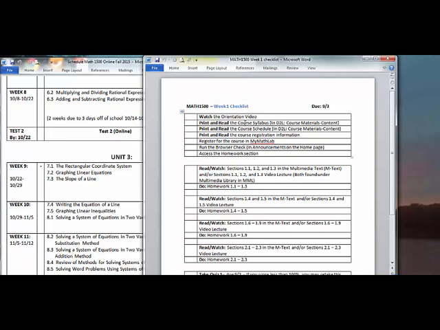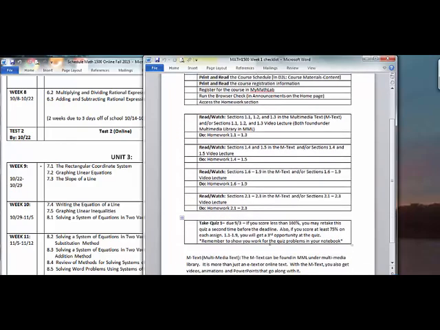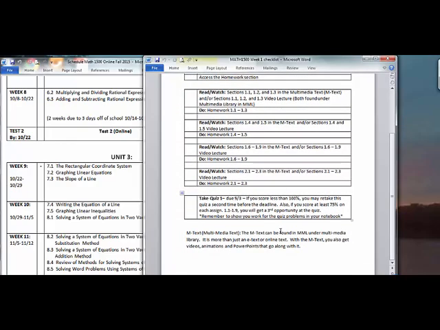Print and read the course syllabus, the schedule, all of these items up here. Then next, it talks about reading or watching each section in the book and doing the homework. And all of that is listed here, and then the last thing would be to take the quiz for the week. Okay, so that pretty much takes me all through this first part, which is the syllabus and the schedule.